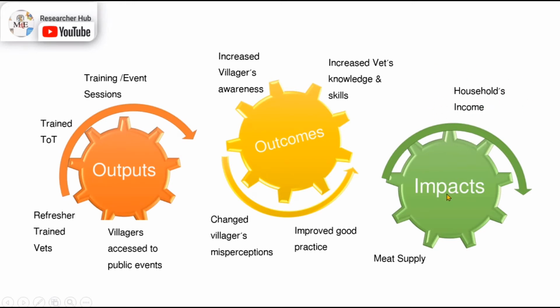Is there any change in the community on the meat supply due to the project? And poverty and health. Is there any decrease of poverty rate or disease rate in the community due to the project?